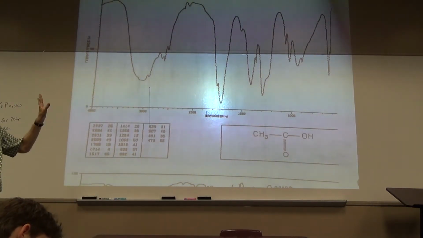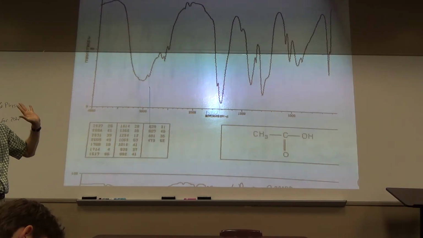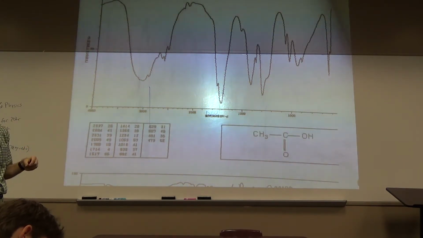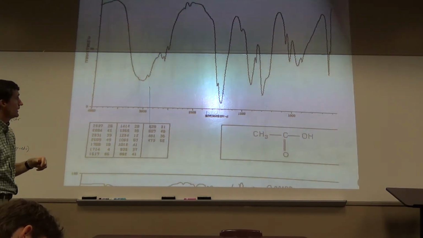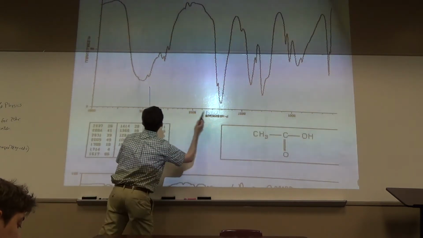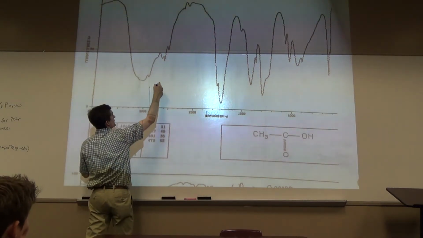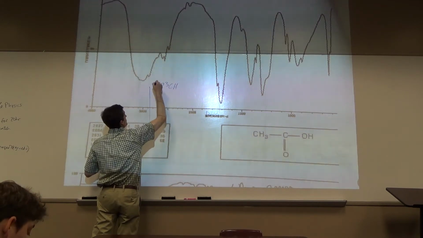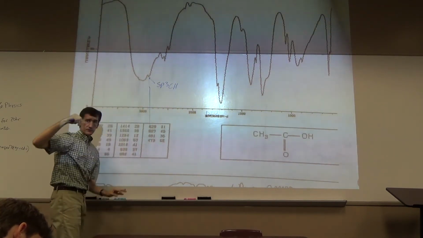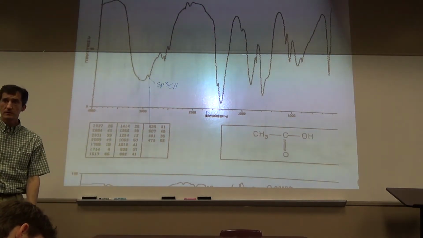Of course, that's the classical. Could be weaker, especially upstairs. sp3 CH sort of being obscured, you know. This could be it here on the bottom. It's trying to give some peaks there at the bottom of that absorbance.